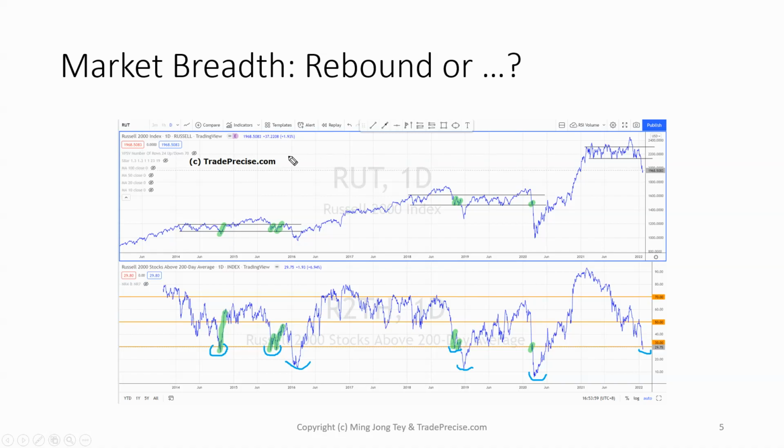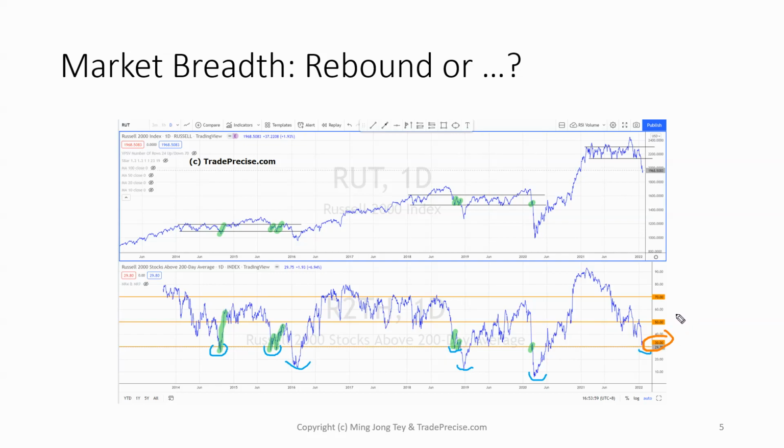The thing that I would like to draw your attention to is this market breadth here. This is the percentage of the stocks above the 200-day MA. It's sort of like a gauge of the overall market, but specific to the Russell 2000. In the Russell 2000, there are definitely quite a few times that it dipped below 30.